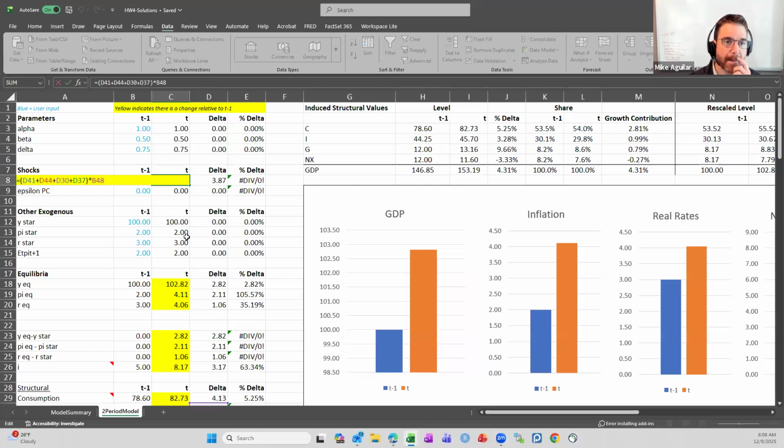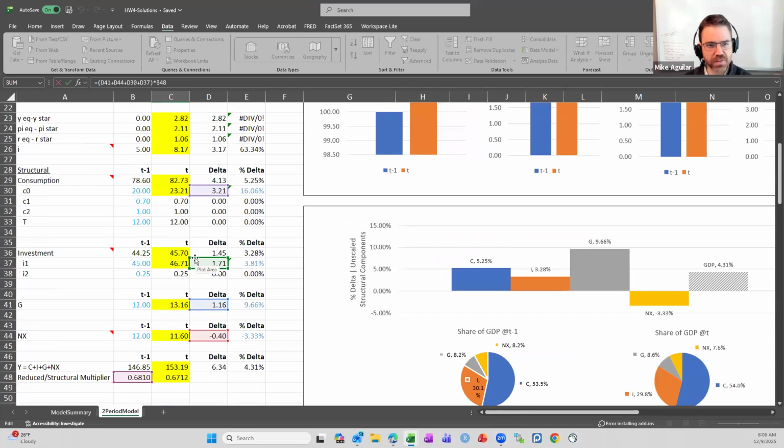That's what we do right here, adding up the changes in C0, I1, G, and X. I don't know if it's exactly in that respective order, but you can see it highlighted right here. We're adding up all those changes, all of those deltas. That should give you the size of the shock.